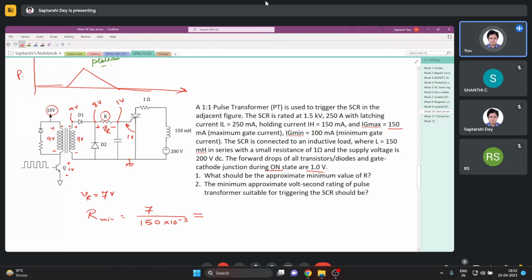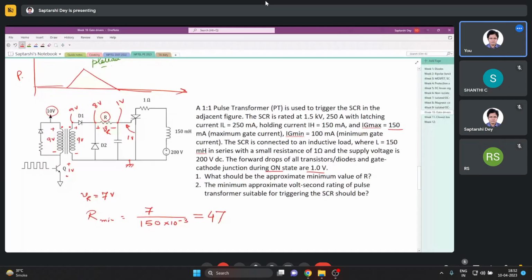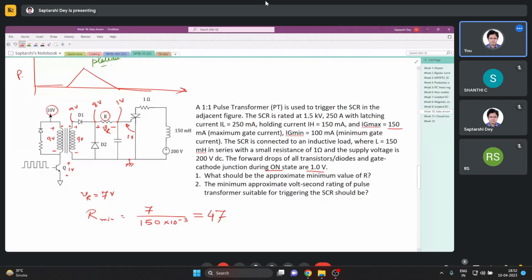Should be somewhere around 47. 46.6. I take 47. So it should be 47 ohm. This is easy.